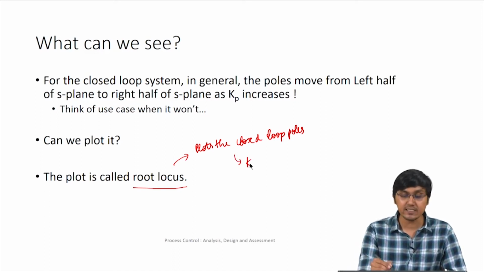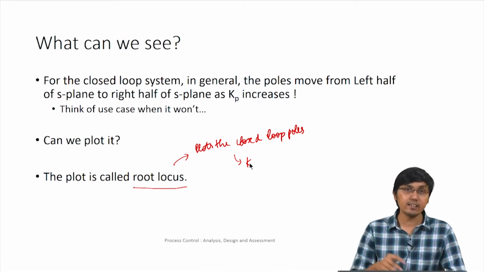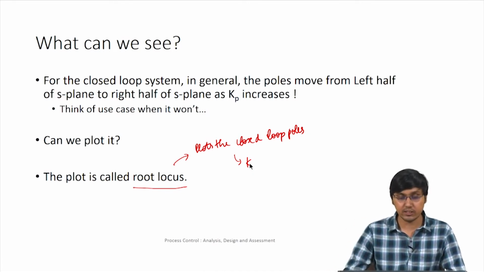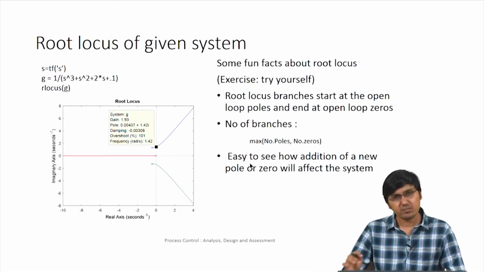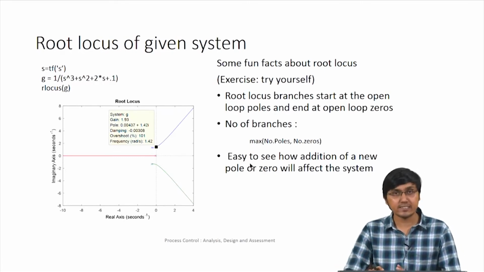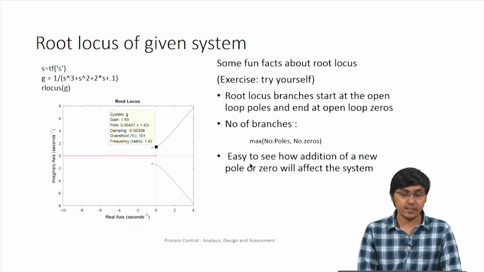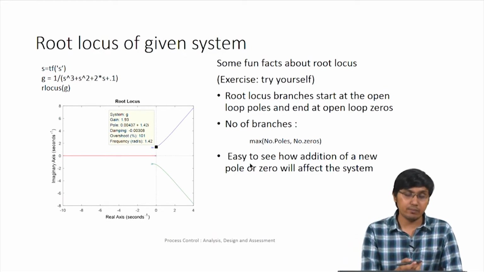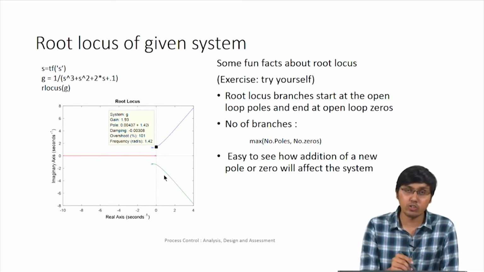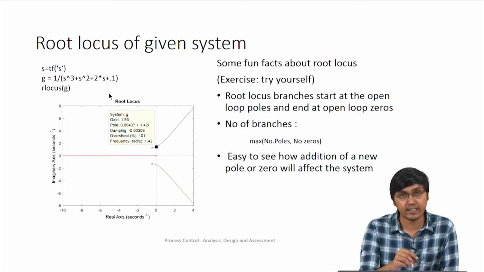When the gain in the loop increases, how the poles move is what the root locus gives us. We will not go into the detail of how to construct these root loci. You can use MATLAB to plot this, and then you will see how the root locus looks for the system that we are interested in now.